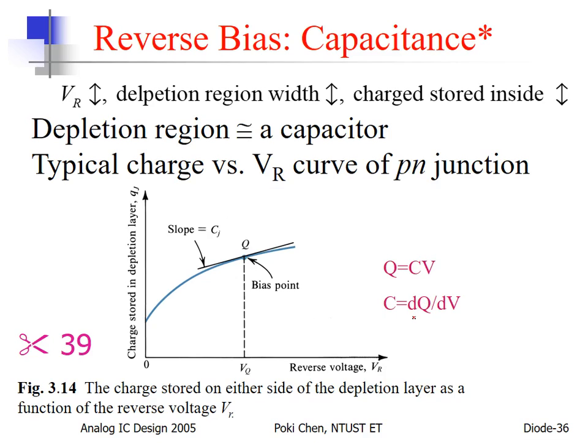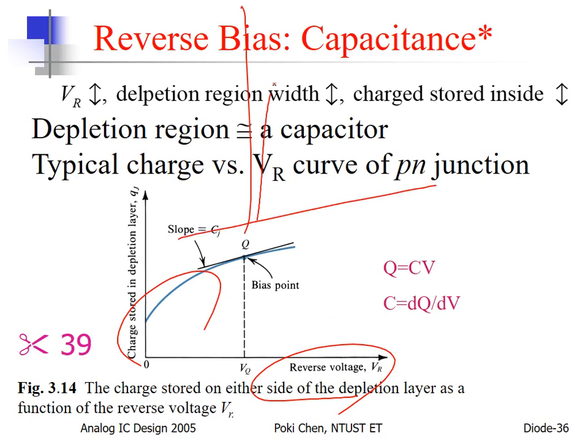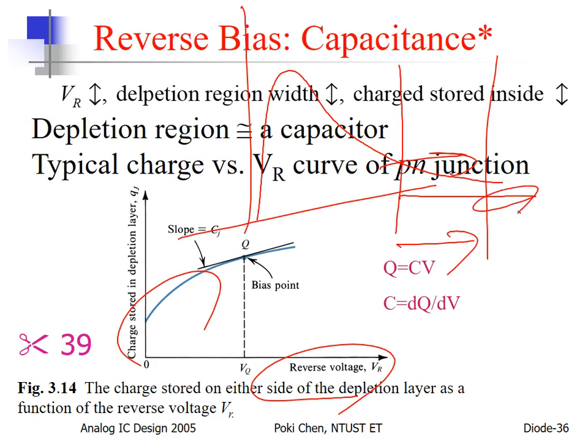I just told you, the more reverse bias means the wider depletion region. And according to such kind of energy distribution, the more potential area means the fewer charges you can push to the other side. So the total charges will look this way.